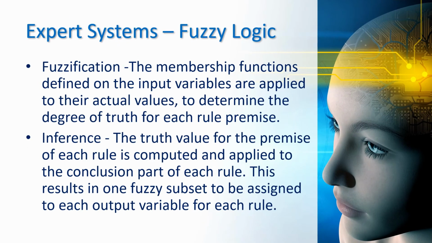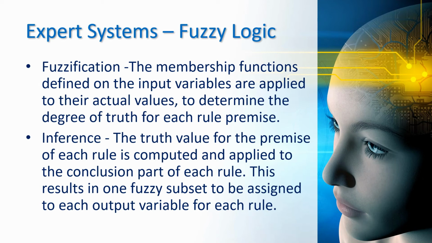Let's touch on fuzzification a bit. Fuzzification: the membership functions defined on the input variables are applied to their actual values to determine the degree of truth for each rule premise. Inference: the truth value for the premise of each rule is computed and applied to the conclusion part of each rule.